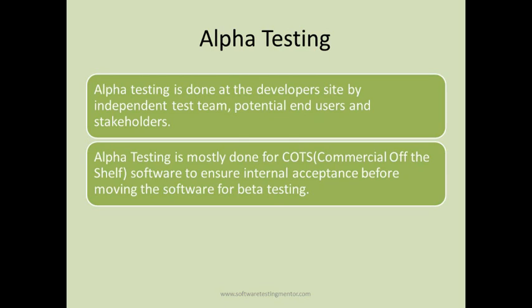Then once they were satisfied with the alpha test, they moved it to beta test for all the end users. And we were using Gmail beta a few years ago before the full-fledged working version of Gmail was released. So alpha testing is mostly done for off-the-shelf software, which is meant for the mass market.